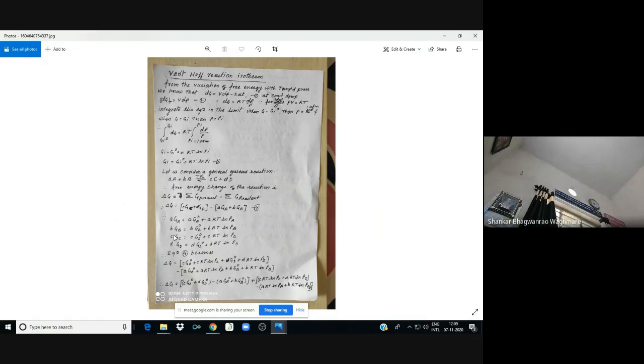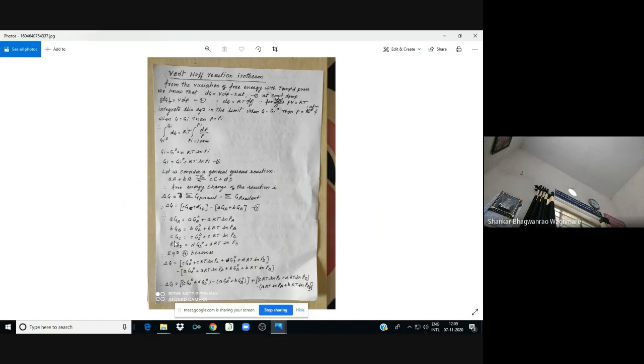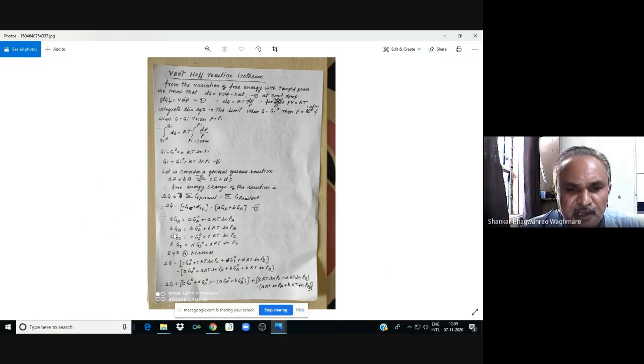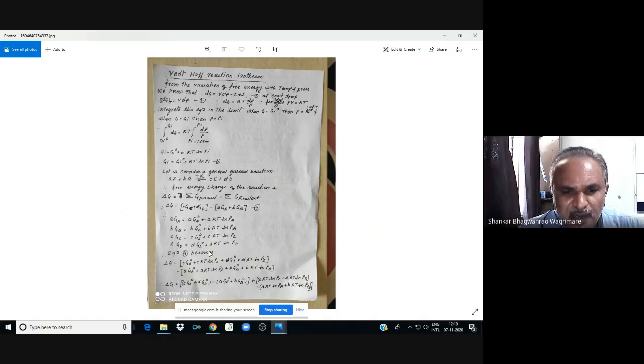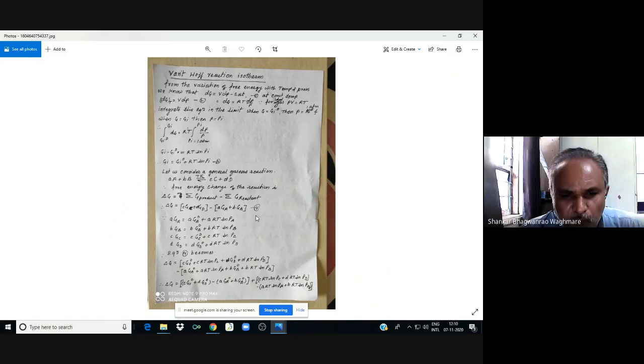Like this, we can write the free energy equation for B, C, and D for their respective number of moles b, c, and d. And if we substitute these values of free energy for A, B, C, and D in equation 4, then equation 4 becomes like this.